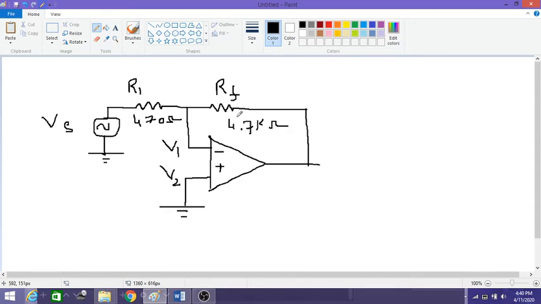So here the question is to calculate the AV and Rin. So AV is nothing but here in this case it is AF.